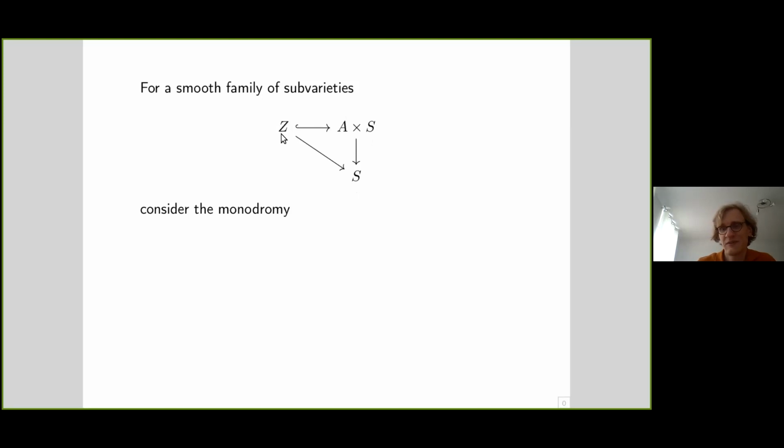And then you look at the monodromy of this thing. So you look at the cohomology, say in middle degree, H^n of the fiber. And then you have a monodromy representation. Once you fix a base point in the parameter variety S, you get a representation of the fundamental group on this fiber, as a variation of Hodge structure.